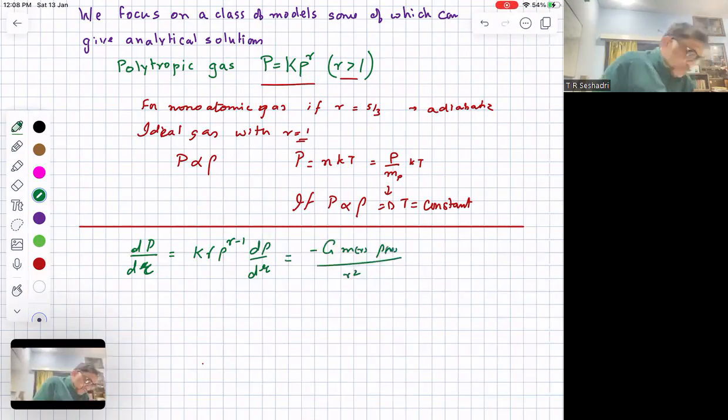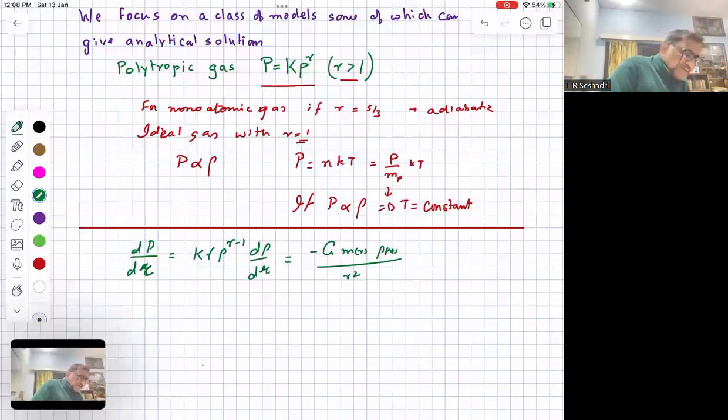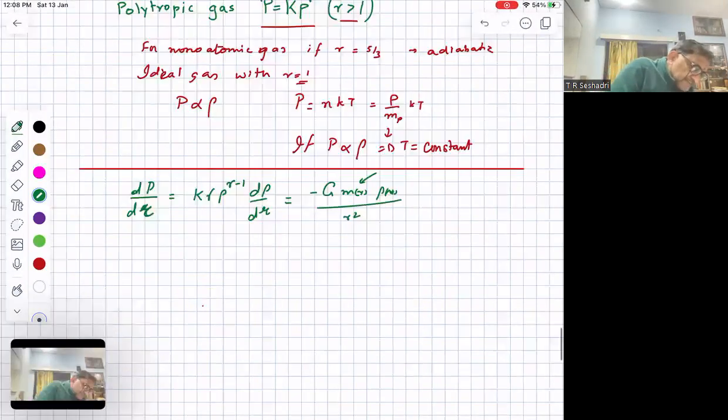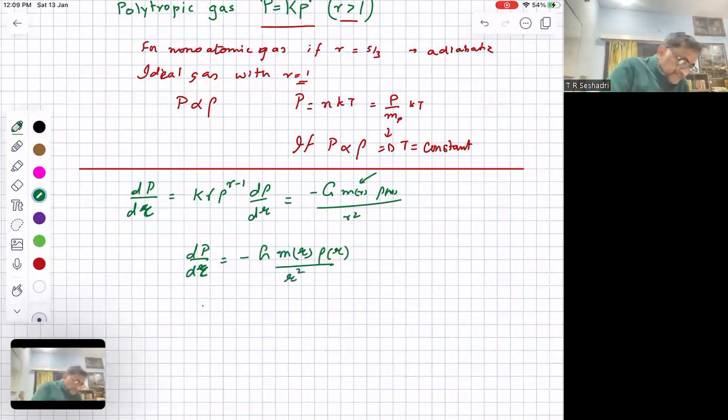Now here I will do one thing. I will try to convert this whole thing into a pure differential equation because, as I said, this is not a differential equation, it's an integro-differential equation, because here m of r involves an integration over rho of r. So I can write this as dP by dr equal to minus G m of r rho of r by r square. I take r square and rho on the other side.